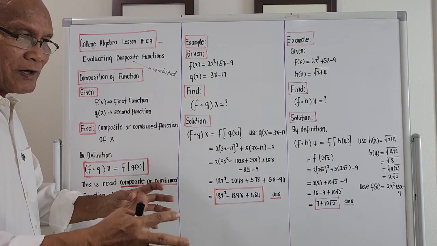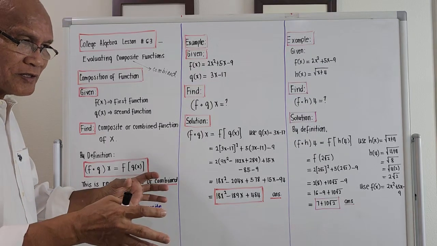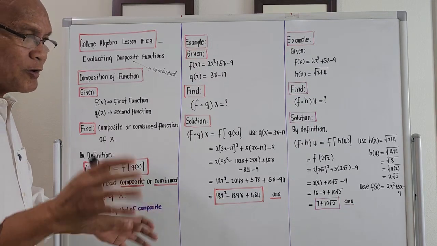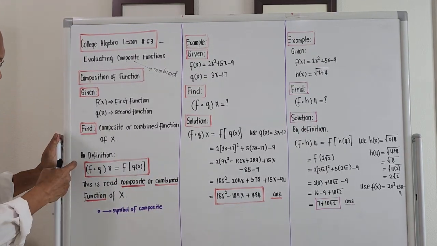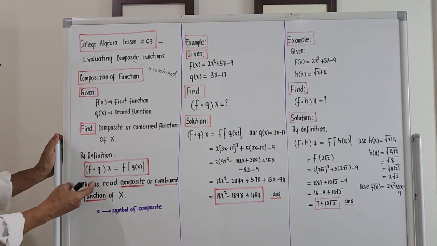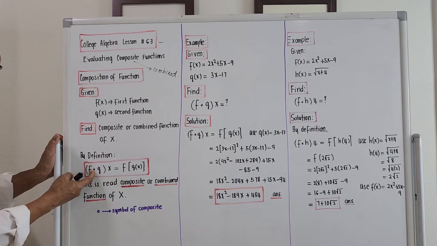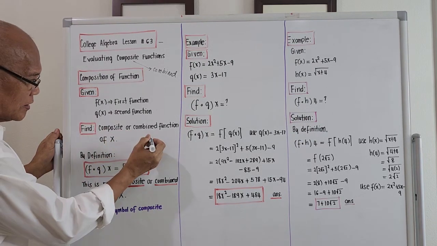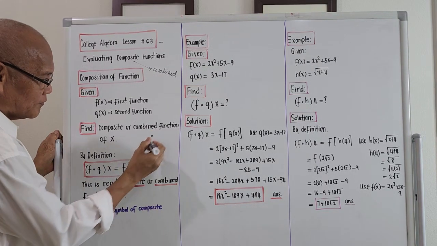So if we try to bring out the setup on how to combine functions under the study of college algebra, this is just an invention of mathematicians, you know. By definition, okay, function f, okay, we got a symbol at the middle. That's not a dot. It should be a little circle like that.